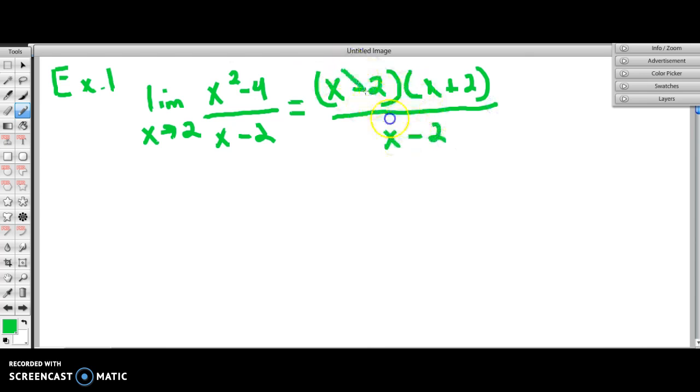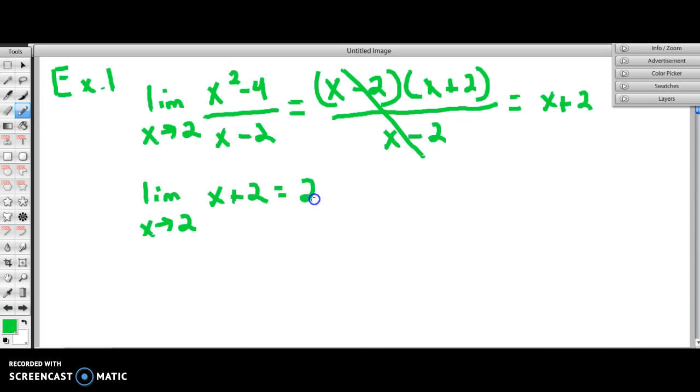We see that these two cross out, so I'm left with x plus 2. So the limit as x approaches 2 of x plus 2 is 4. When you break up the function, factor it, and plug in what it's approaching, you see that it has a value of 4 when it approaches 2.